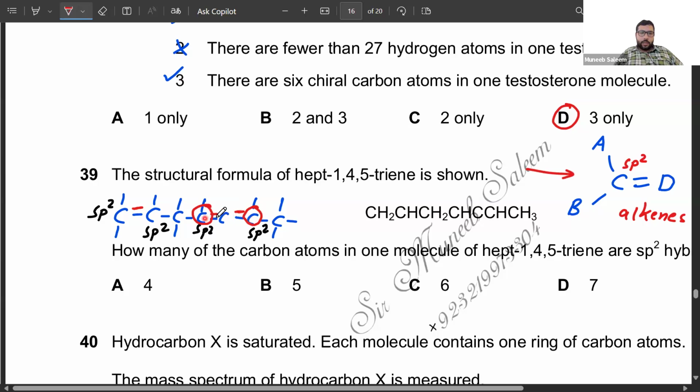Rather, we can see there are only 2 atoms bonded on the left and right side. So as a result of this, the hybridization that actually appears on this carbon is sp, not sp2, it is sp. So because of this reason, we will not count that carbon as sp2.